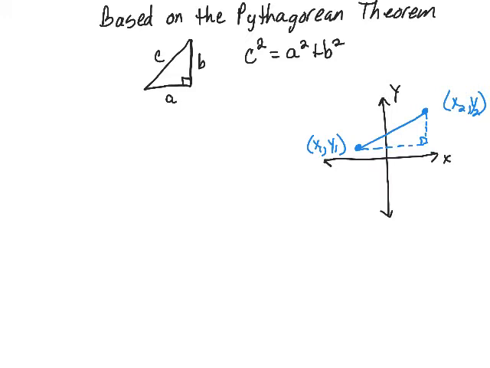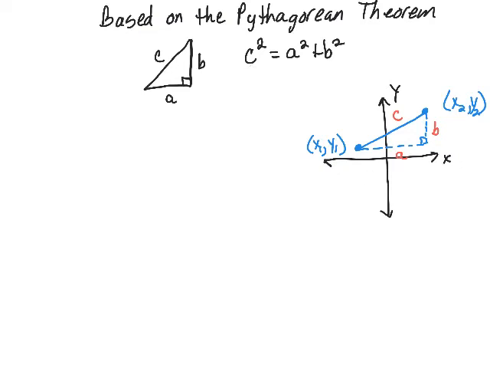So I'm showing you where the distance formula comes from. We'll just use the Pythagorean theorem. C would be here, A would be here, B would be there. I can use this up here, but I'm going to substitute in the values for this particular instance.